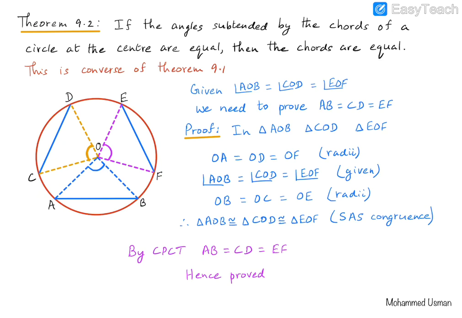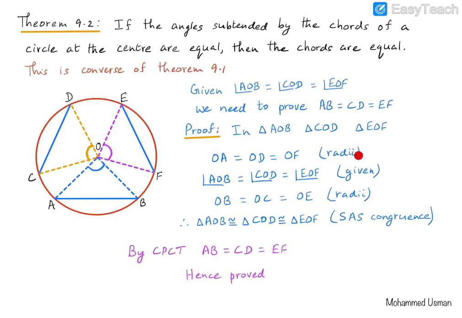Okay, to prove that, let us again consider the three triangles that we have here: triangle AOB, triangle COD, and triangle EOF. In these three triangles, we notice that the side OA of triangle AOB is equal to the side OD of triangle COD, which is equal to the side OF of the triangle EOF.